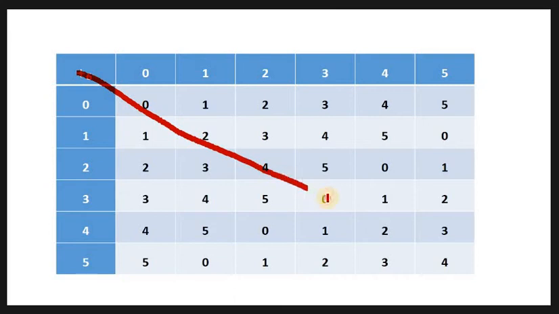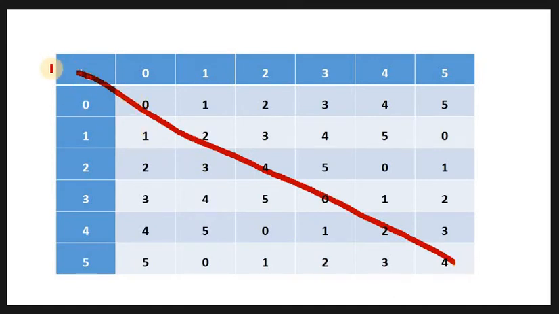This is the principal diagonal. Now, you just see above the principal diagonal, the elements are 0, 1, 3, 5, 1, 3. And below that, 3, 1, 5, 3, 1, 0.